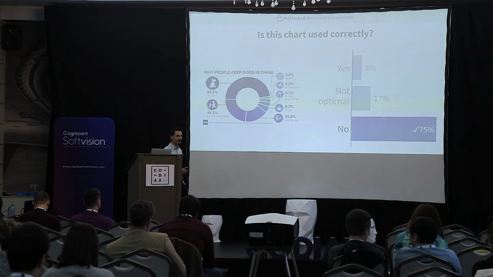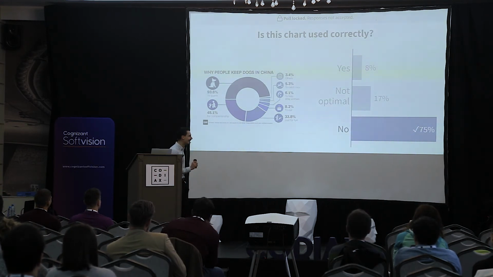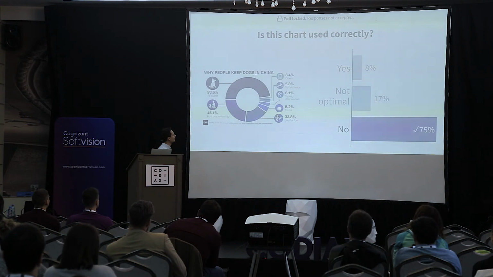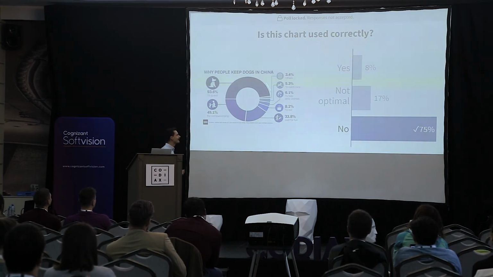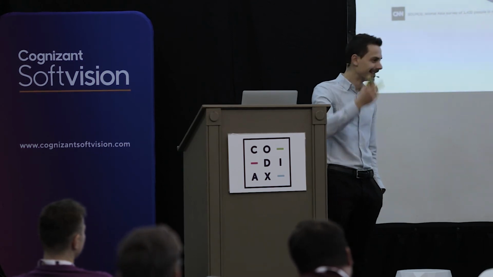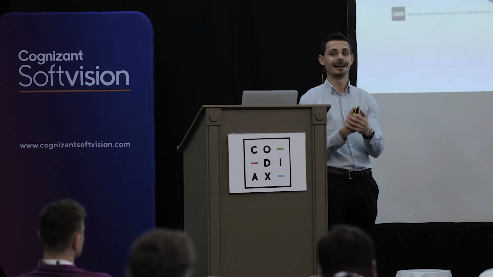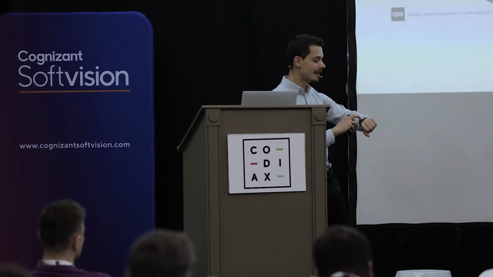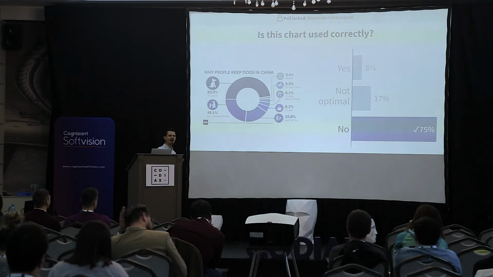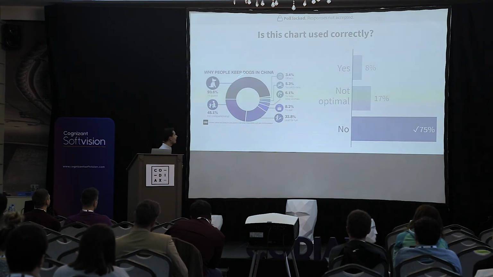Funny thing about this chart, I'll spend some time explaining these charts now. Why people keep dogs in China, besides this answer here, which says so, the usage of this chart is not correct at all. The sum of values is 195%. Why would I use a donut chart?